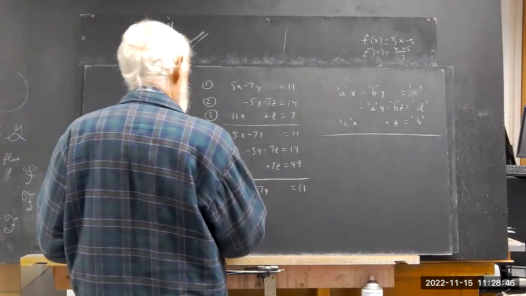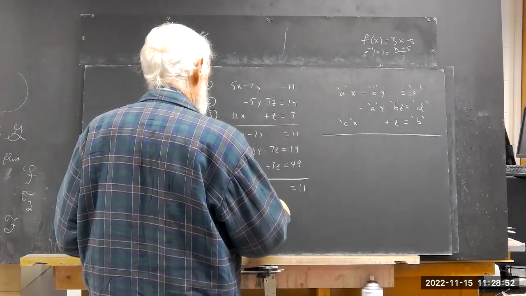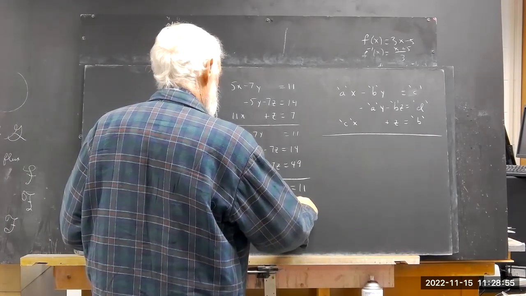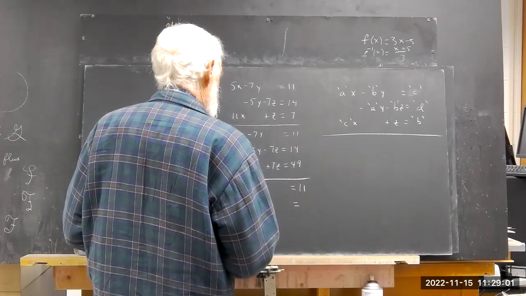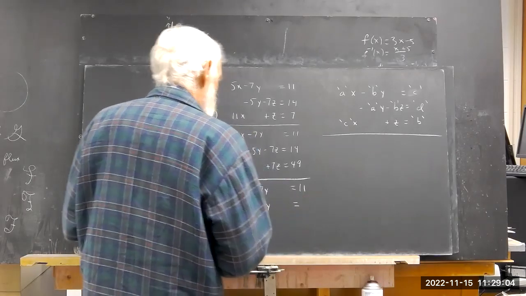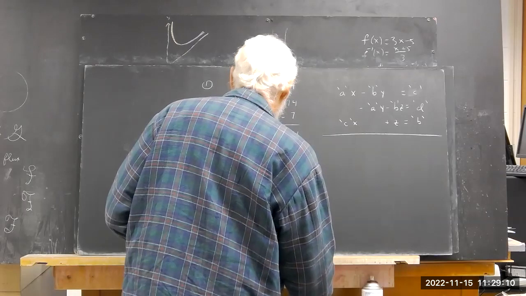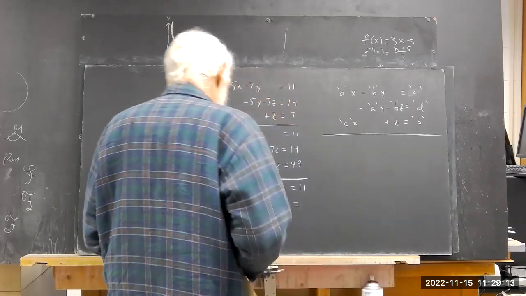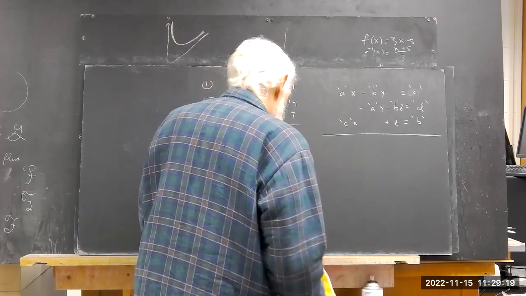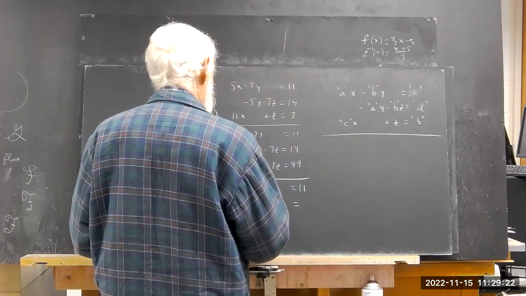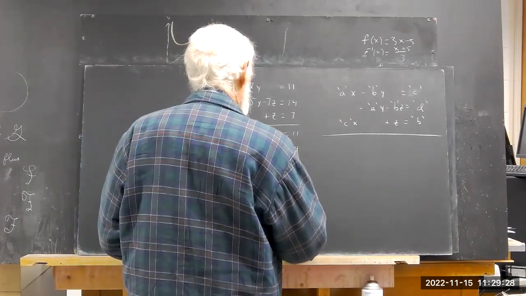And this one is 77x minus 5y equals 14 and 49 is 63.